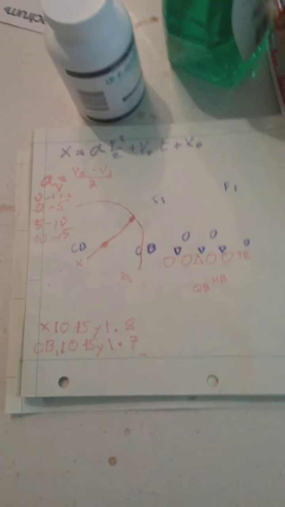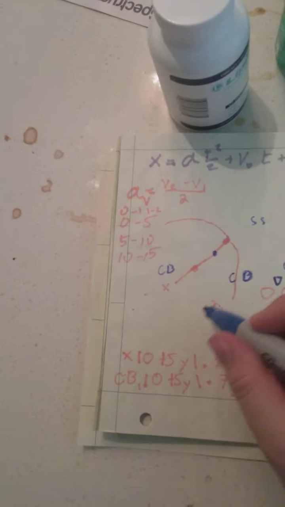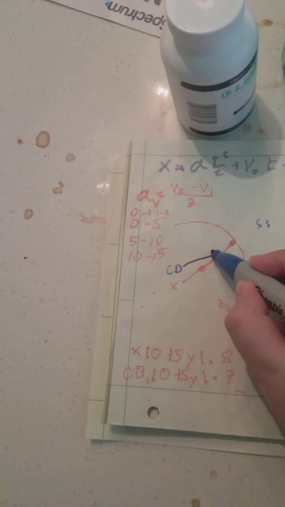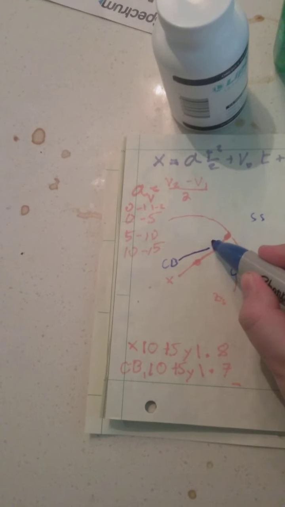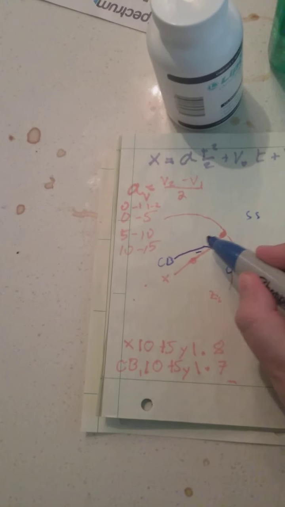Okay, so what you have here, you pick a point, let's say this is the point, you have distance from X to this dot, and then you draw a line from the cornerback to be in a position to stop the ball, maybe something like this.